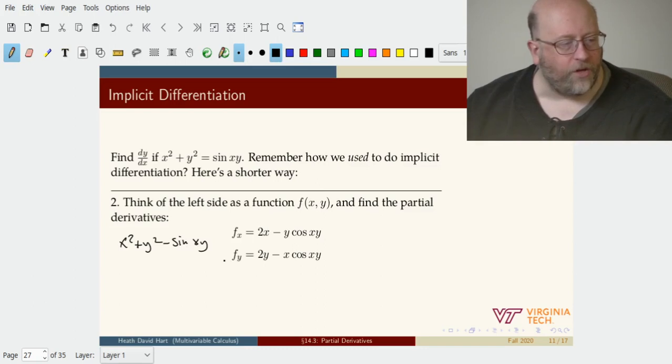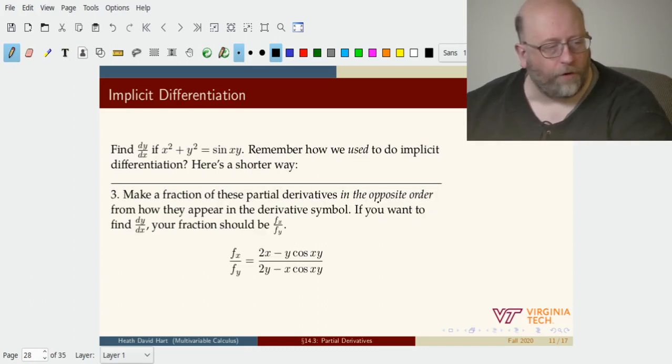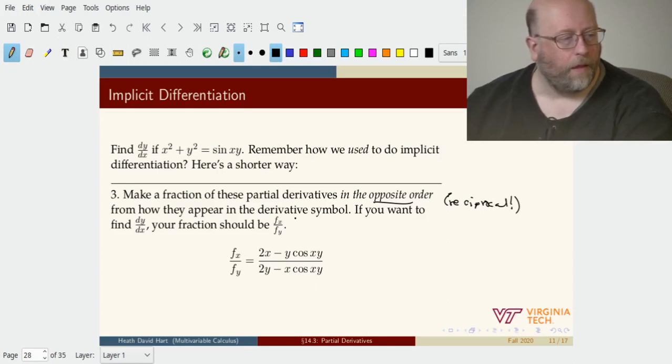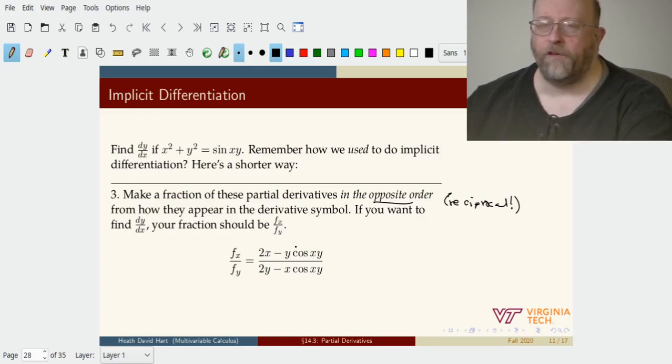And then we're going to arrange these into a fraction, but in the opposite order. We're taking the reciprocal, remember. So if we want to find dy dx using partial derivatives, I want the partial derivative with respect to x on top and the partial derivative with respect to y on the bottom.